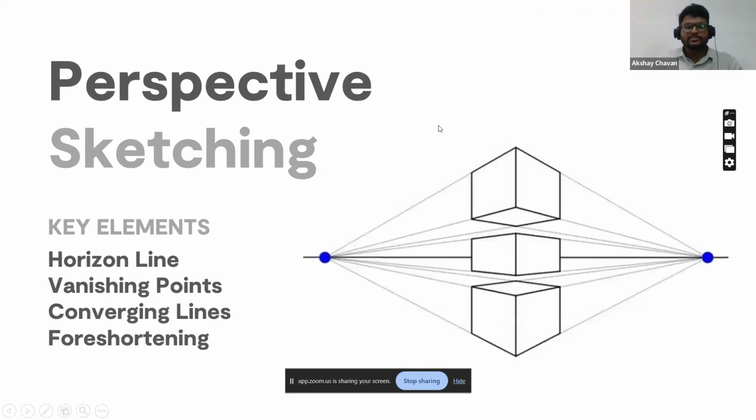And second is perspective sketching. In perspective sketching, we convey the realism of space and depth, where the key elements are the horizon line, which is the viewer's eye line, and vanishing points, which are the points where the construction lines converge.